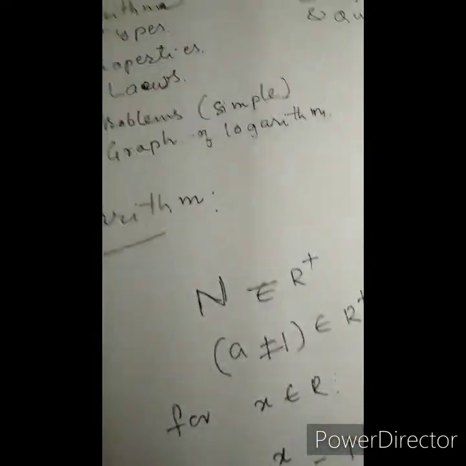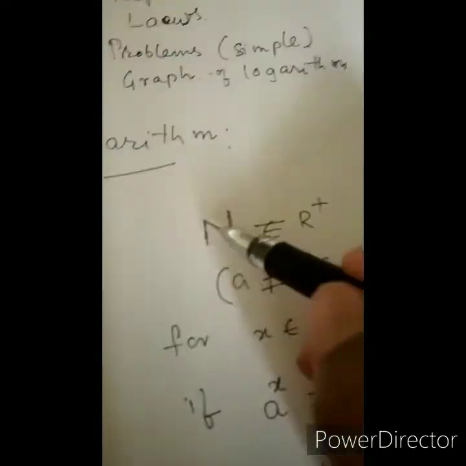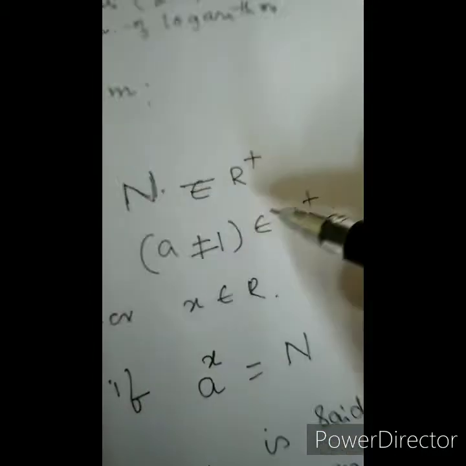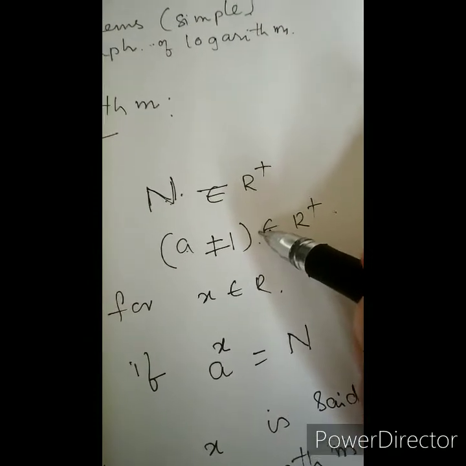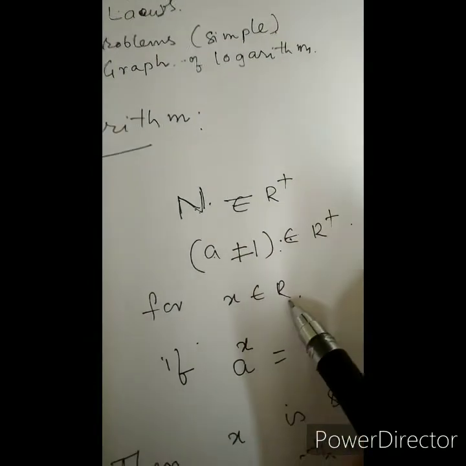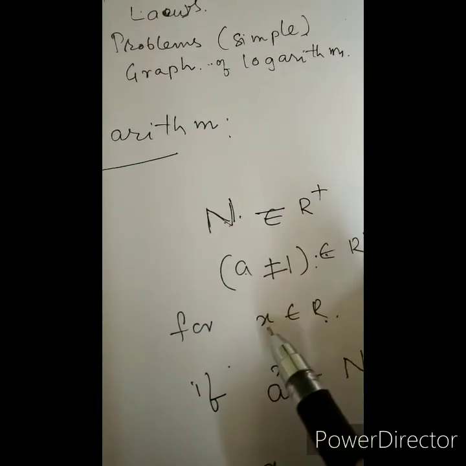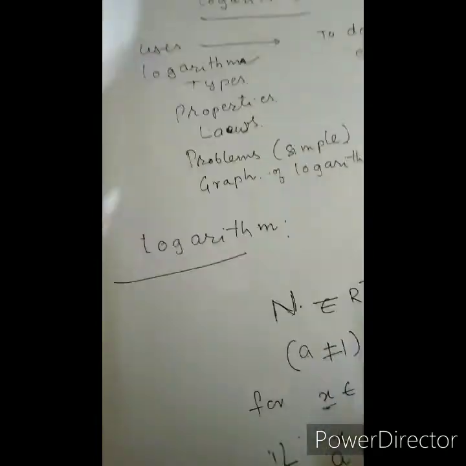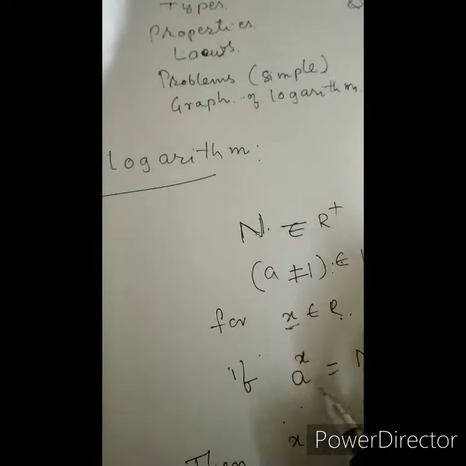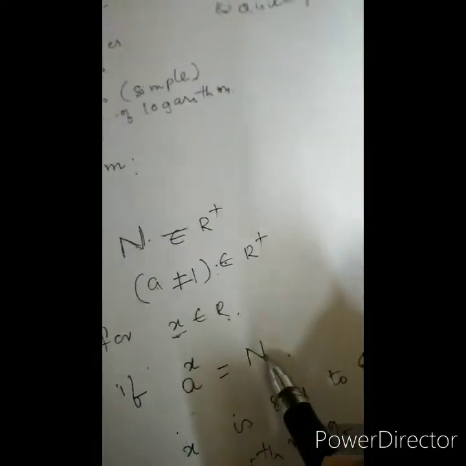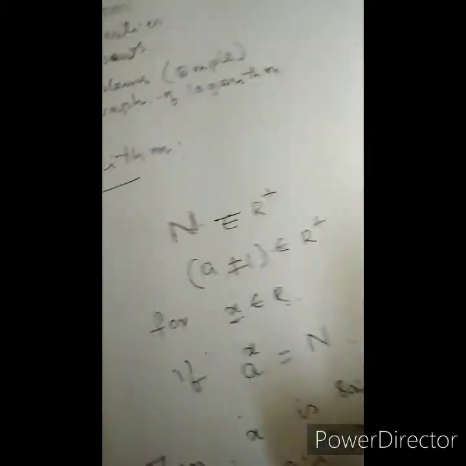To recall once again, n is a positive number, a is also a positive number, and for some real number x, if a power x is equal to n, then x is called the logarithm of n to the base a. I write here the definition of logarithm.